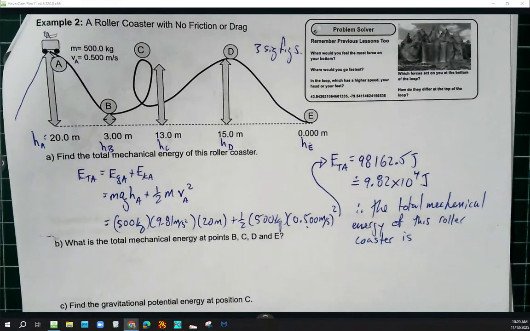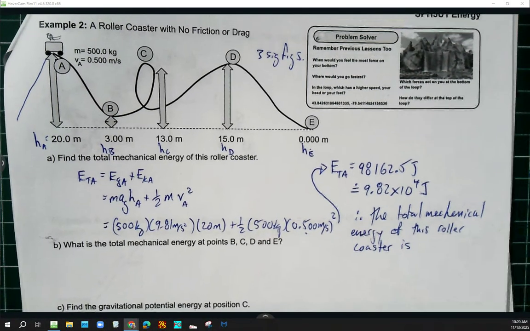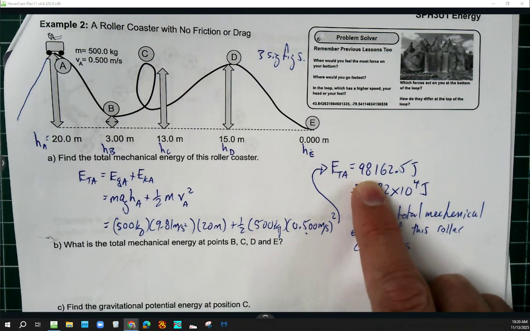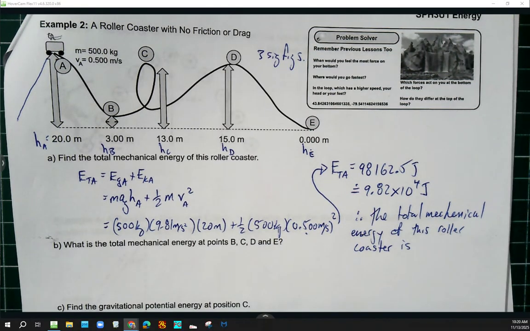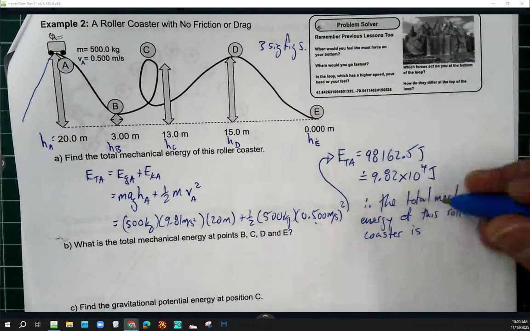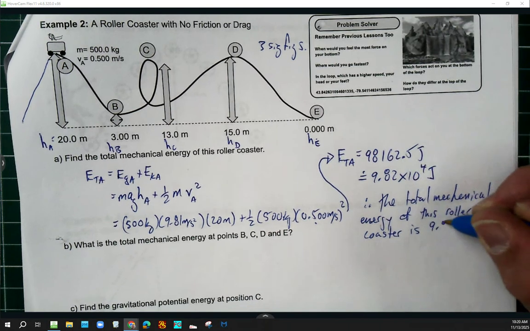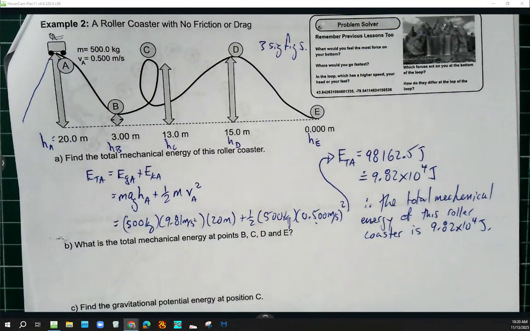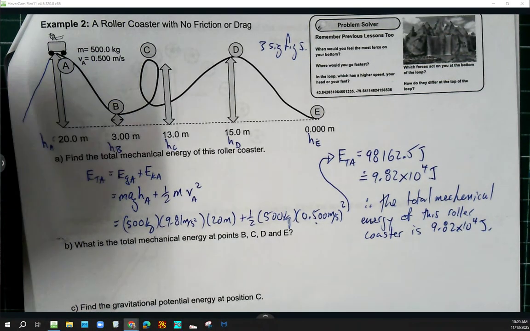Did anybody else get that? Is it right? 98,162.5? Okay, I want to make sure we don't have typos. That's good. Okay. Honestly, I thought that it was 98,000. Is it 98,000? Yeah, you put gravity as negative. Oh, okay. All right.